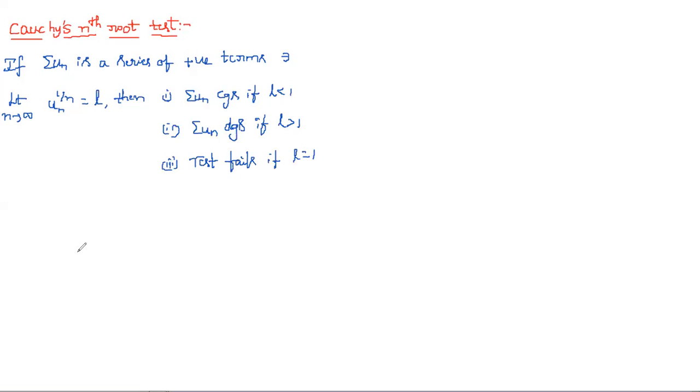If it fails, mostly we use again the comparison test if an nth term is available, and geometric series. Another one, limit n tends to infinity un not equal to 0, then it diverges, or the ratio test, or most probably the logarithmic test we also use when the test fails.